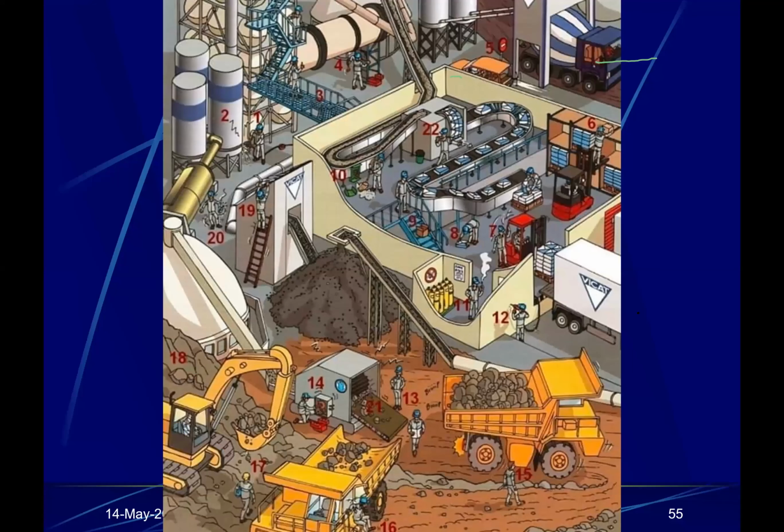And similarly, when we are working at a certain factory, such as a concrete batching plant, there are also a lot of hazards. So hazards actually are everywhere. Even if you're sitting in your room or your house, if you look around, there are a lot of hazards. Everything hanging on top of your head is a potential hazard of falling down.